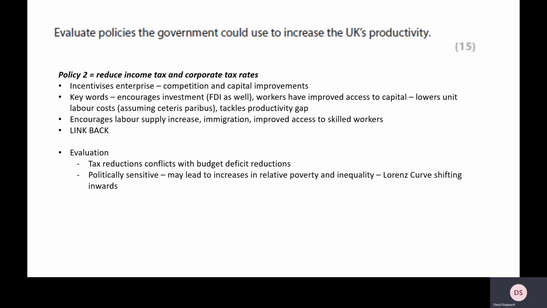And what competition will do, it will incentivise firms to upgrade capital, because to compete with rival firms, they've now got to become more efficient. And if they're upgrading capital and infrastructure, well, that would mean that workers in those factories have now got better machinery, better capital, better infrastructure to work with, which should hopefully increase people's ability to increase their output per worker. So you've got that clear link back to how it would increase productivity.